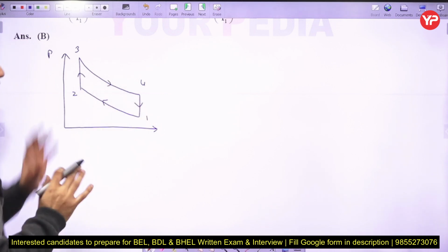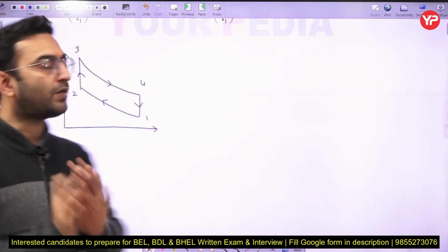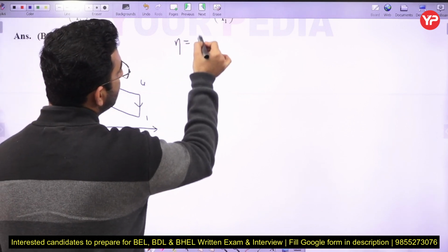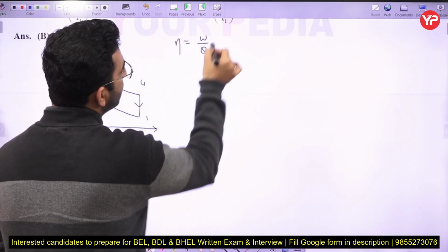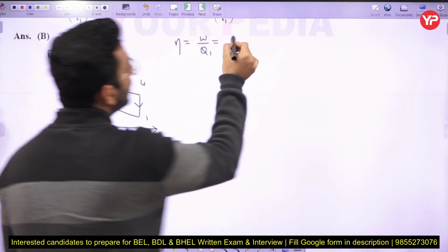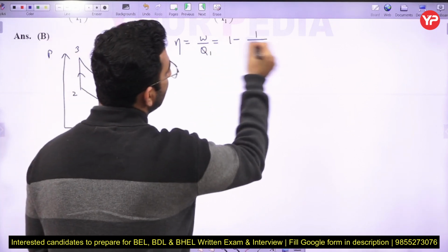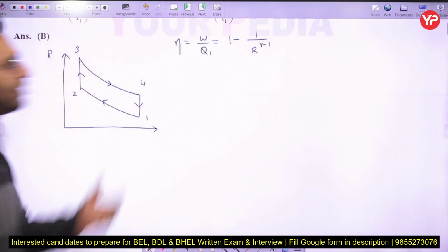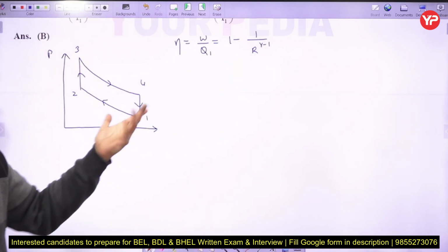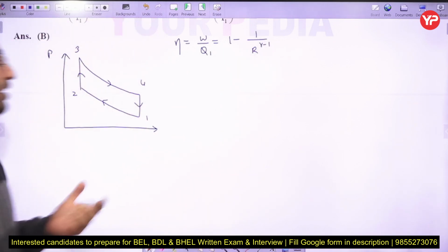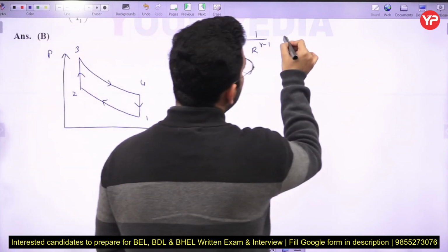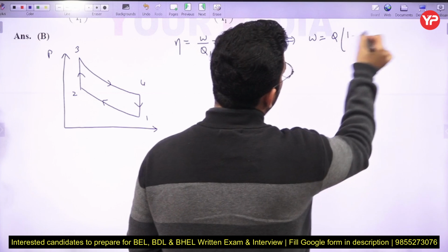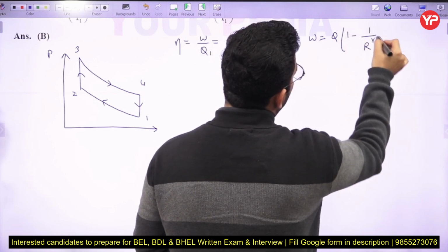So here you can see simply the work done can be calculated as follows. First of all, the formula of the efficiency is nothing but work upon heat supplied, which can be further written as 1 minus 1 upon R to the power gamma minus 1. That is the base general expression of the efficiency of the Otto cycle. So in this case the work done can be written as Q into 1 minus 1 upon R to the power gamma minus 1.